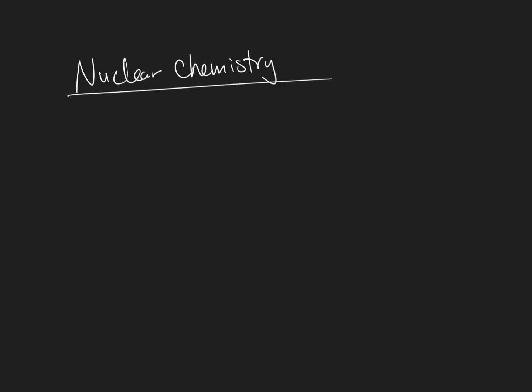Okay. In a nuclear reaction, it's the nucleus that changes. Hence, it's called nuclear reaction, nuclear chemistry. It's actually called nuclear physics, but we're going to call it chemistry so it doesn't scare anybody away. Well, maybe it still scares away, I'm not sure. Chemistry is physics at a really small scale. Yep, that's what it is.